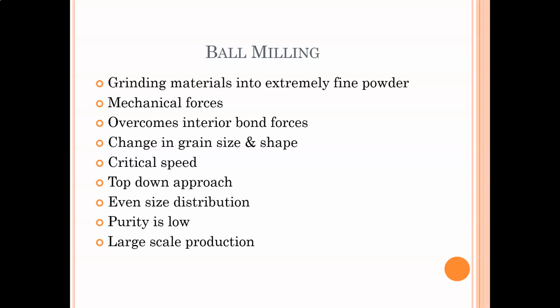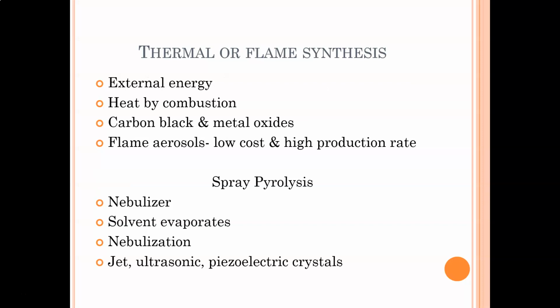Obviously, the speed of milling is very critical, and it's the best example of top-down approach wherein you are converting the bulky material to very tiny particles. The size distribution of nanoparticles synthesized by this method is homogeneous and even, but there are a lot of problems with the purity of the material. But this is one of the best ways for large-scale production of nanoparticles.